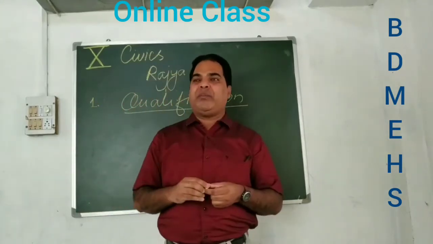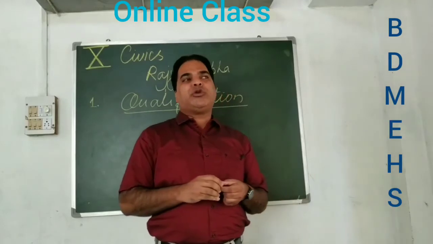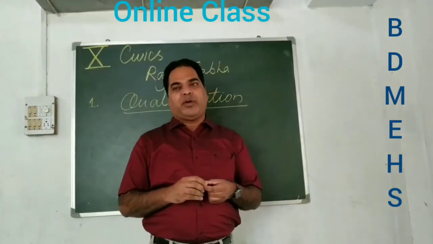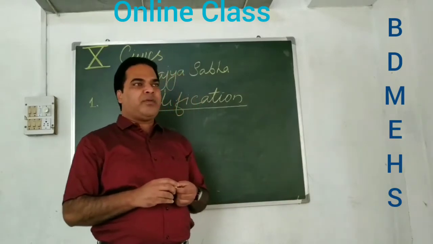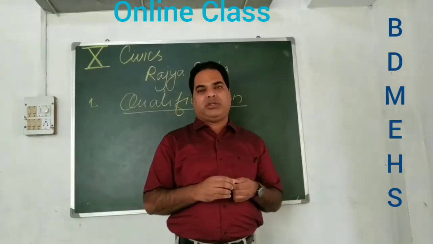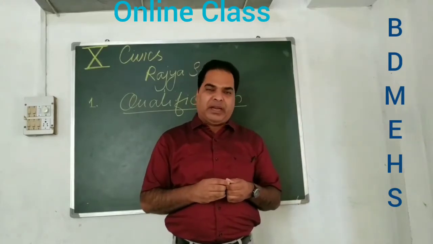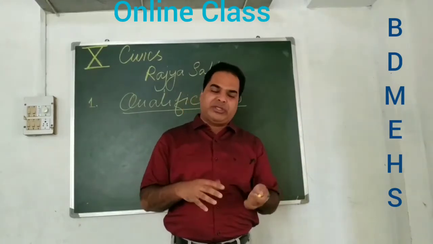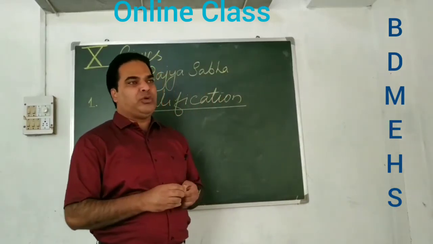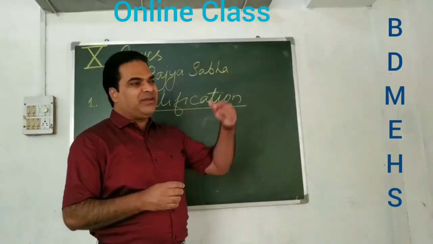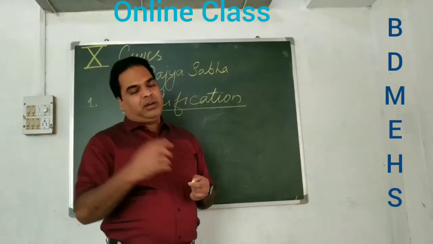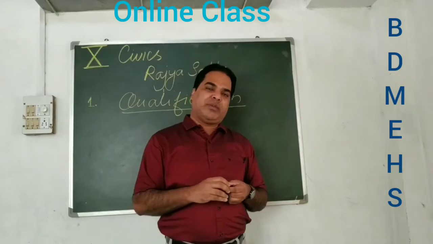He or she should not hold an office of profit. Now what is an office of profit? Persons holding government jobs cannot be a member of Parliament, either of Lok Sabha or Rajya Sabha. So before getting elected, they must resign from the office of profit. Then only they can be eligible to contest the Lok Sabha or Rajya Sabha elections.